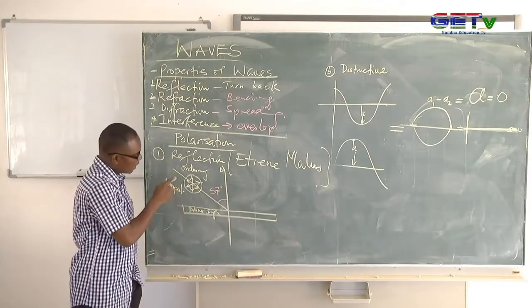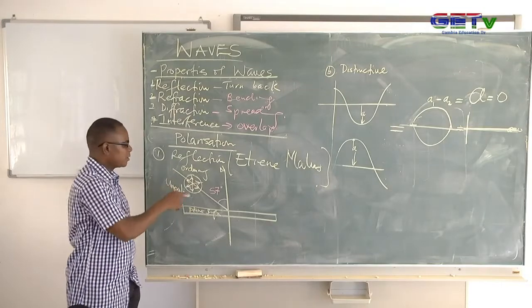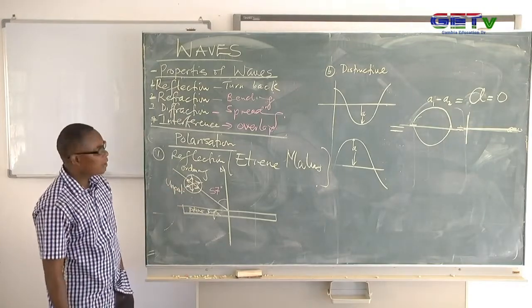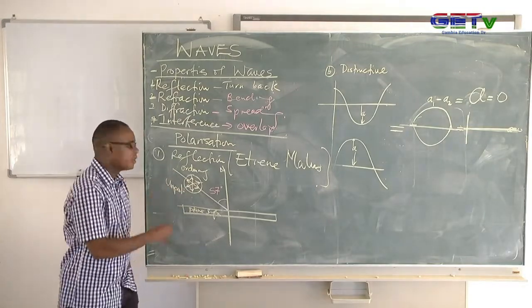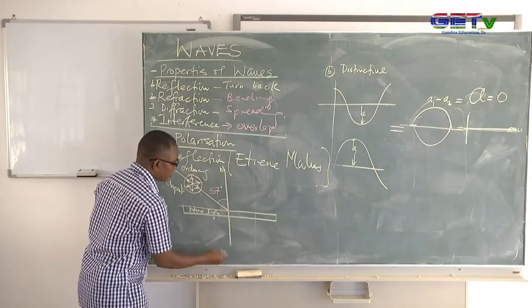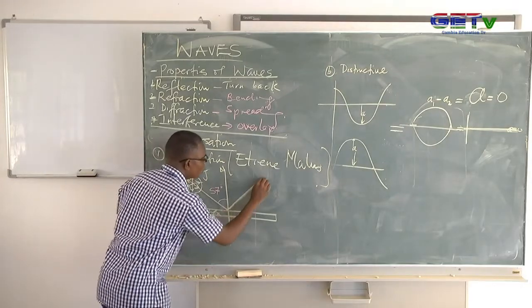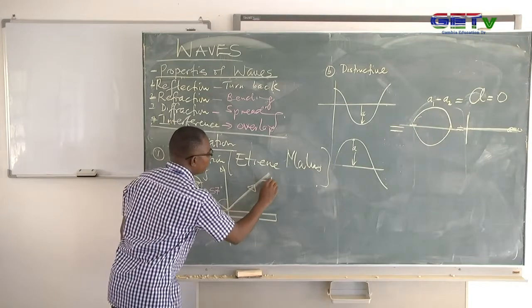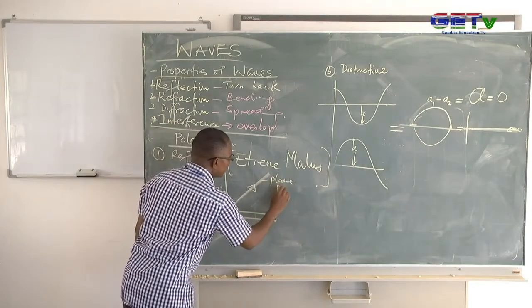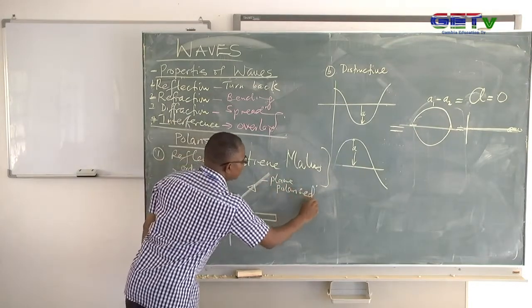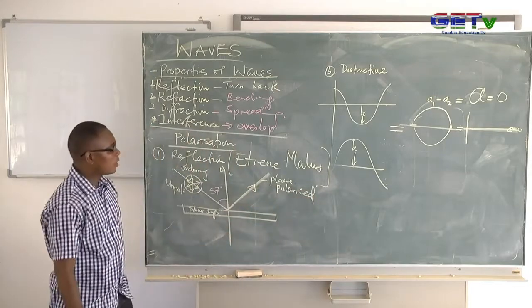when that unpolarized, ordinary light was incident on that plane surface at an angle of approximately 57 degrees, the light that emerged, the reflected light, was plane polarized. So this became a plane polarized light, meaning this light now moved in one plane.